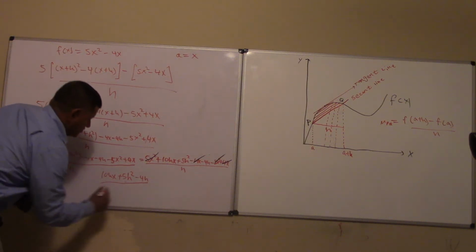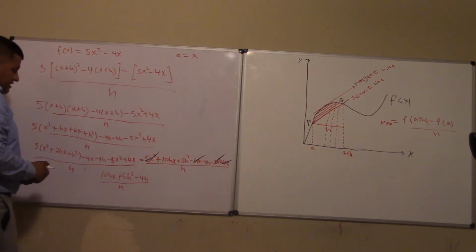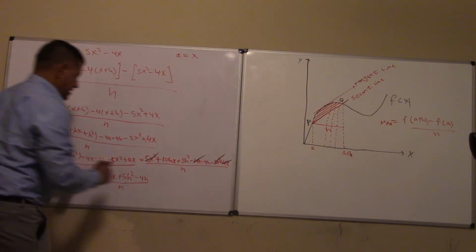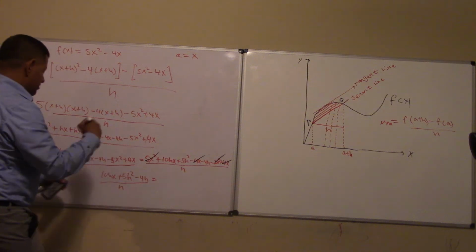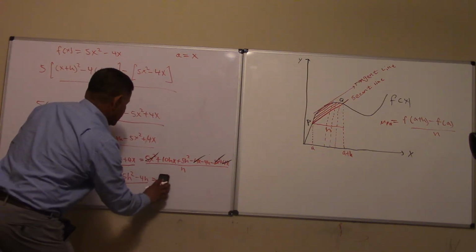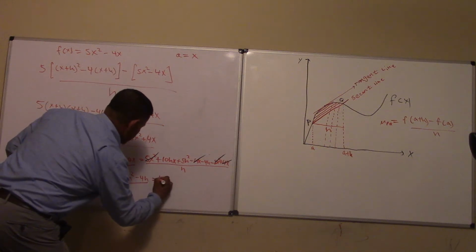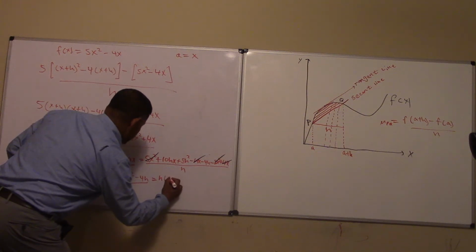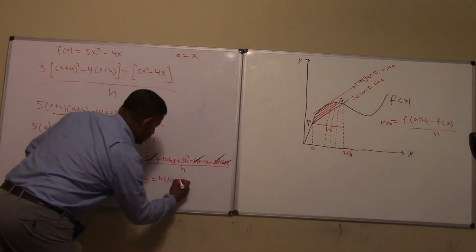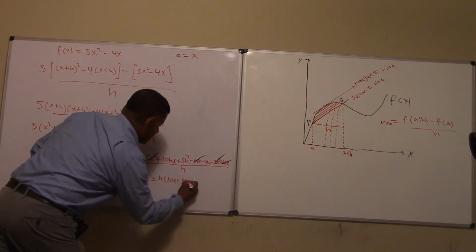So notice that I can factor out h, right? And I get what? If I factor out h, I get h times 10x inside here, and I get plus 5h, right?